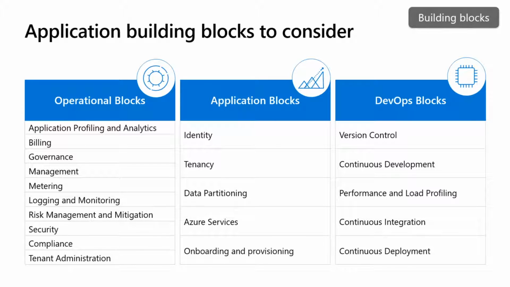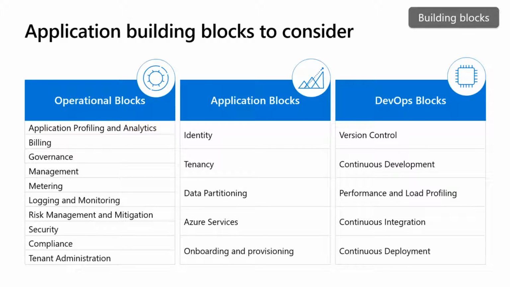The last part that we're going to talk about is the building blocks to consider. So we broke them down into three big groups. Operational basically covers what the operations are. So this is going to be your billing, governance, management, the metering, logging and monitoring. Then we have the application blocks itself. Those are the ones that build the solution, the core of it. So this is where you're going to decide what identity model you're going to use, the tenancy, how you're going to partition the data depending on what your customer needs, and what your compliance needs are for that solution.